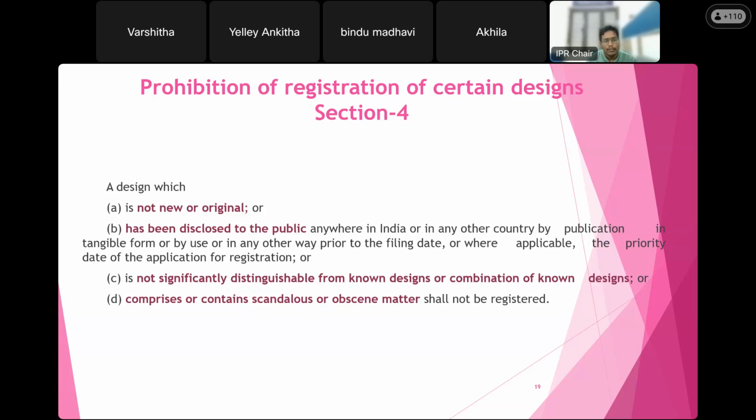And if it comprises or contains scandalous or obscene matter, definitely that cannot be given. If you satisfy all these things, yes, design can be given to you. So if a design has to be registered, it should be new or original, it should not be in the public domain, it should be distinguishable, and it should not comprise or contain scandalous or obscene matter. Then only your design registration will be given.